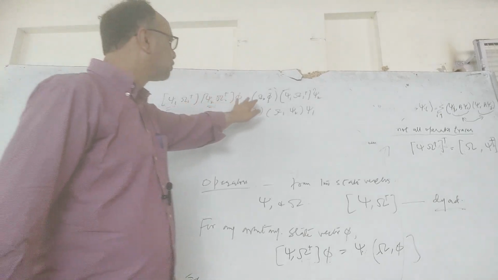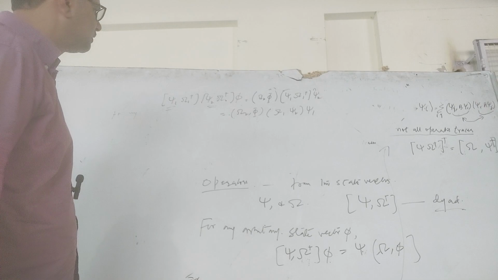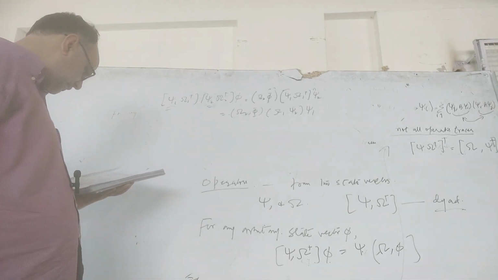These identities should also work for these dyads. We are only flipping things and seeing them.